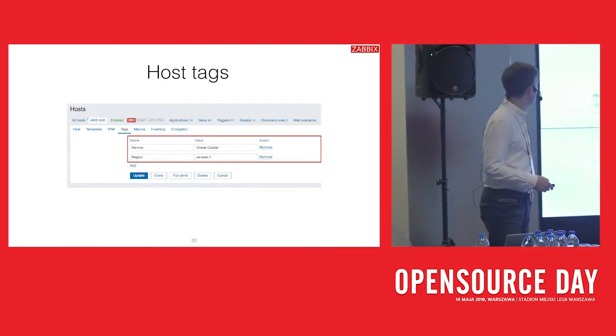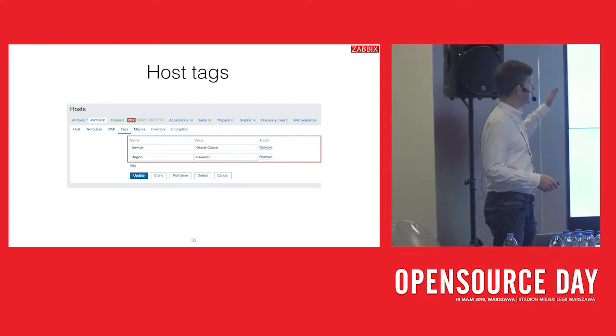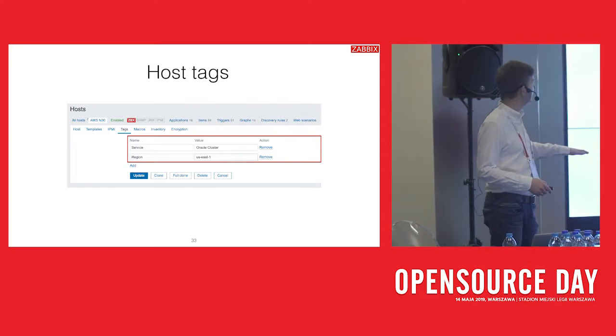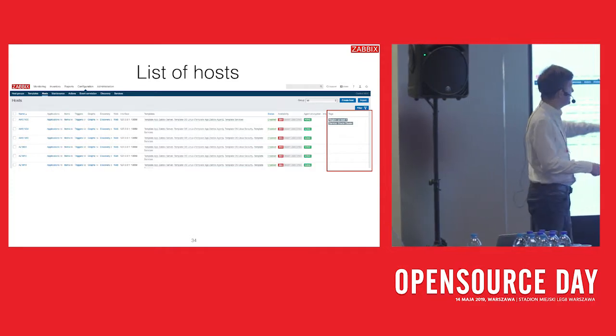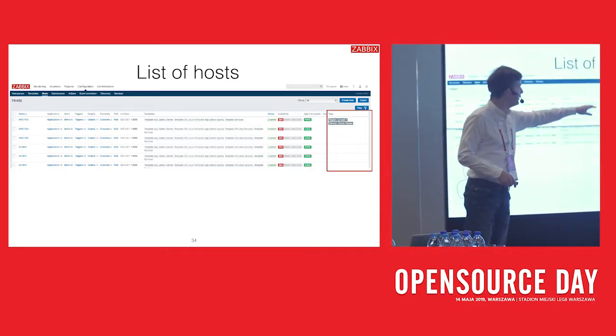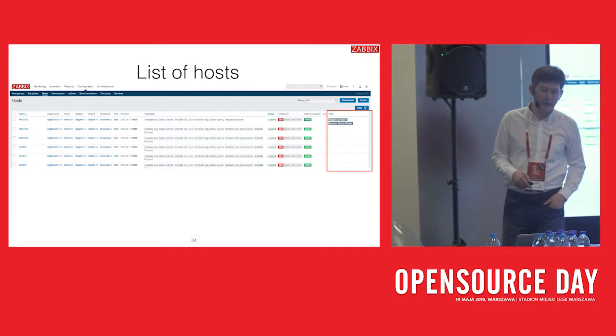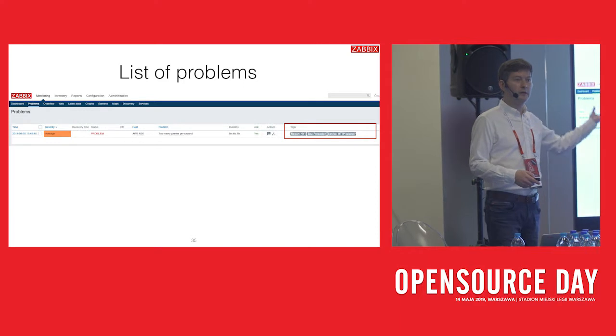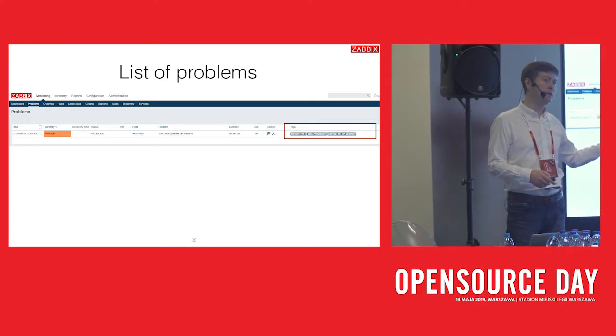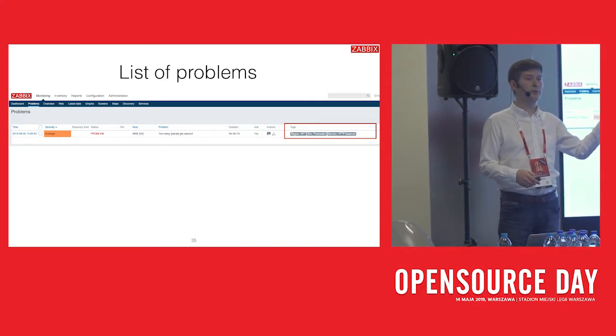Okay, so we have tags on a template level and we have tags on a host level. In the list of hosts, we would see those region and service Oracle cluster tags, and when a problem is generated, Zabbix will get all tags from templates, from the host level, and also from the trigger level.